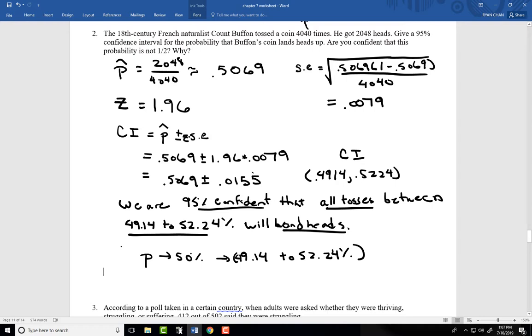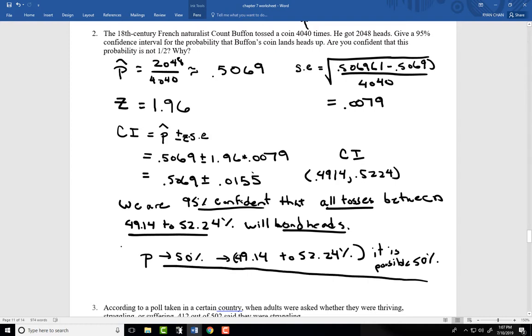You see that it is possible. So we would say, no, we aren't. It is possible to be 50%, because my confidence interval contains 50%.